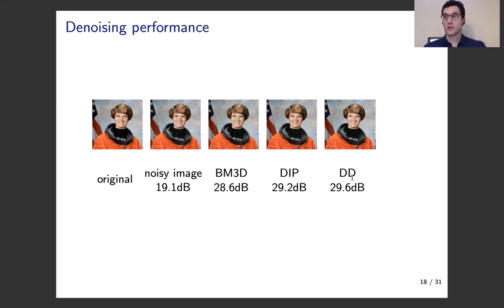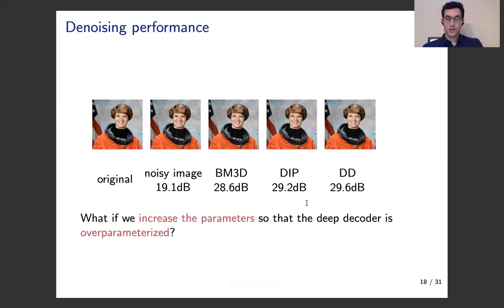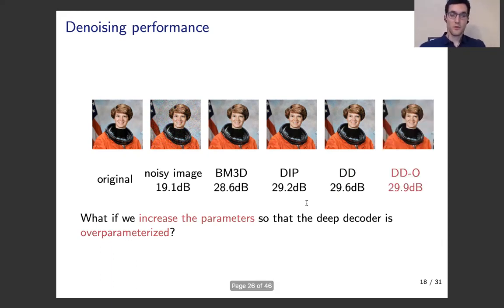And then the question is, what if we do early stopping? Do we again get good performance? It turns out that if we increase the parameters such that this network is over-parameterized, and then we do early stopping, just as we saw before, then we obtain even slightly better performance. The differences here are really minor. Our goal is more to understand why this works, not so much to show that it works better.